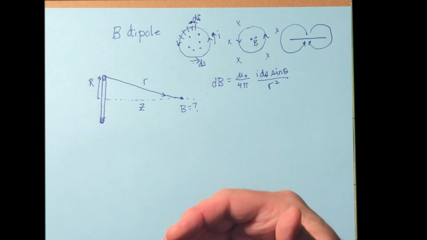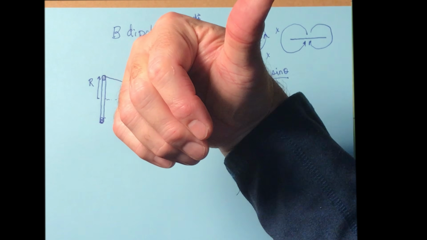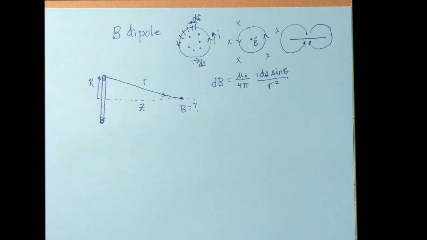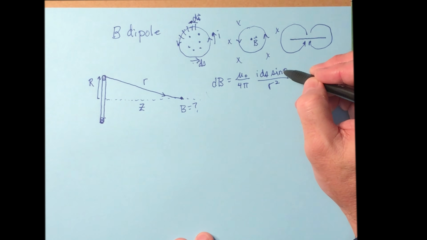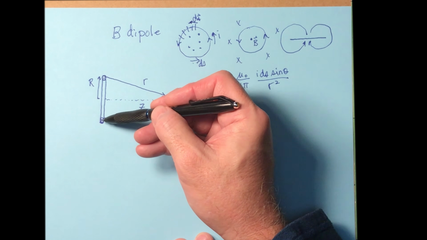So what's the angle between ds, out of the board, and vector r? The angle between ds and r is always going to be 90 degrees. So this theta is 90 degrees, and think about it, everywhere along the loop that's going to be the case.